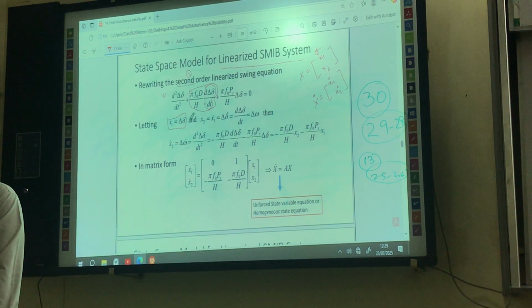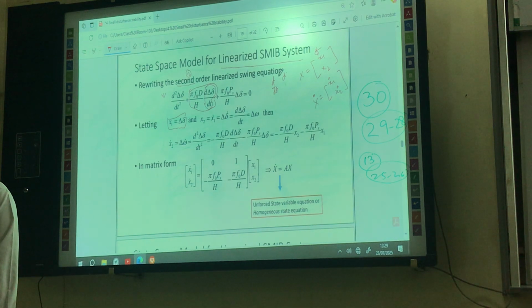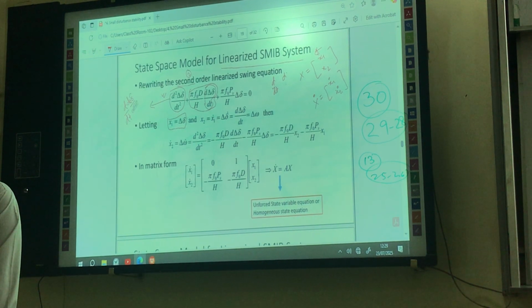Now, what is our other d over dt term? I said the d over dt term, not the d square or d cube over dt cube term. So this second order term we can split like this: d over dt of d delta over dt. Can we write it like this?